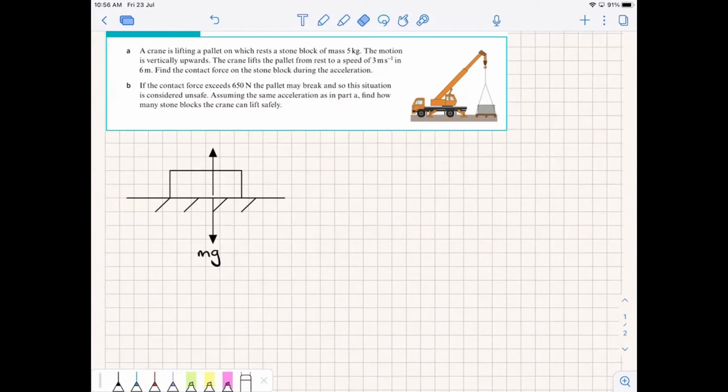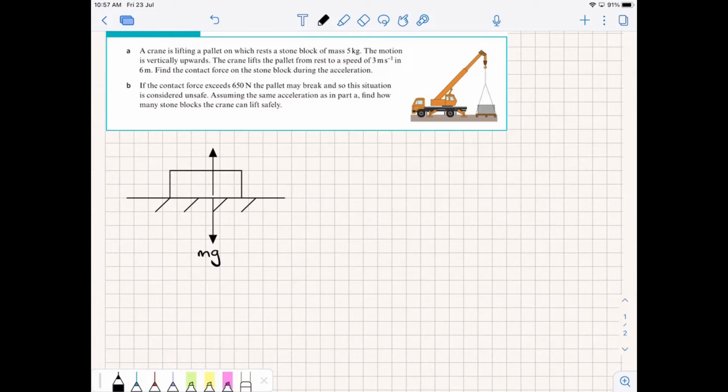What key piece of information have I not identified yet, Raya? I need to write one more piece of information on my diagram that I haven't done. Kind of like the most fundamental thing when we're talking about vectors.